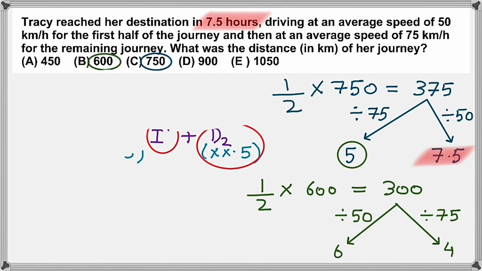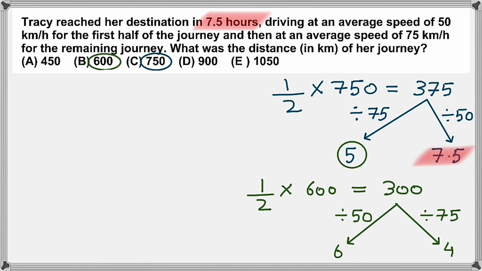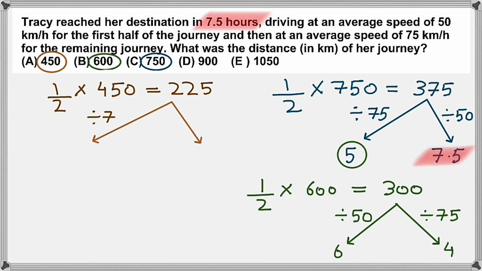Now let's check option A, 450, half of which is 225 and 75 divides 225 completely. 75 times 3 is 225 and 50 divides 225 to leave a remainder 25, which when converted to decimal form does give 0.5 at the end of the quotient, because 50 times 4.5 is 225.